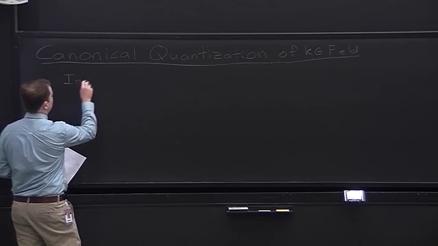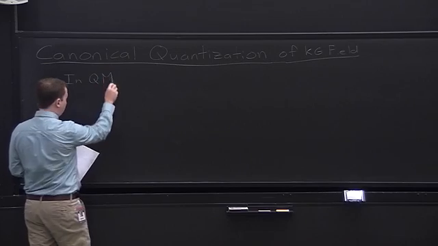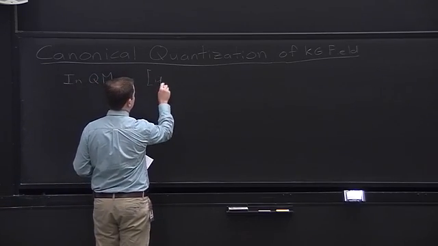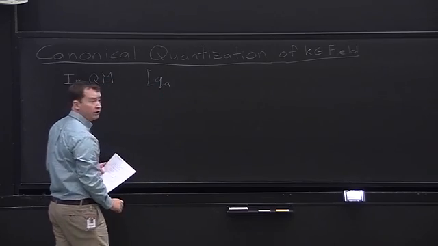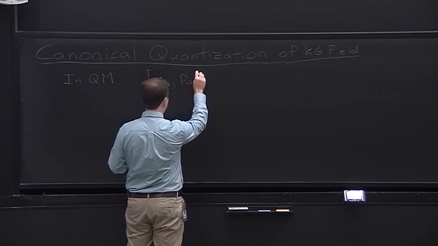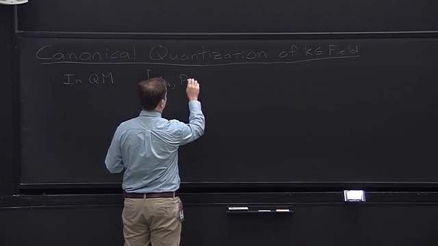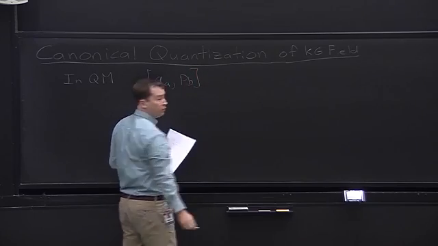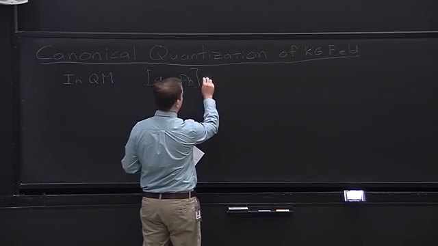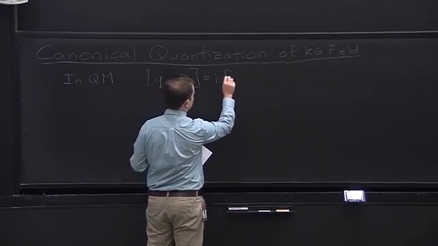So in quantum mechanics, the usual procedure is to take our position and conjugate momenta and promote them to operators and impose commutation relations among them.